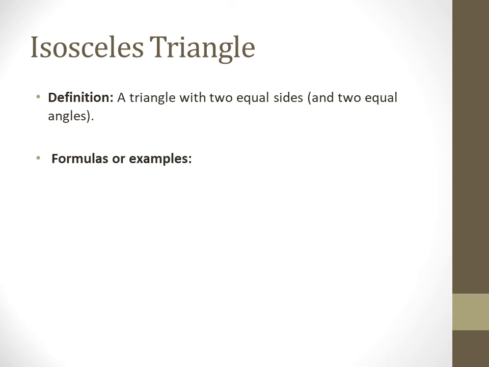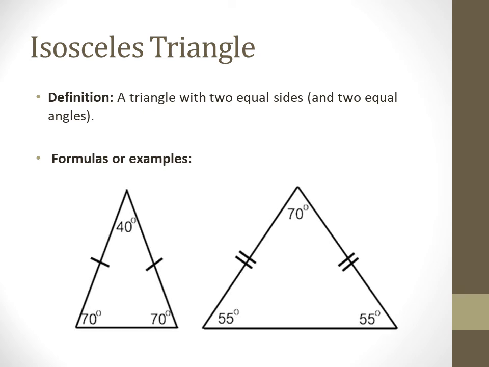We also have an isosceles triangle. This is a triangle with 2 equal sides and 2 equal angles. So here we've got 2 examples.